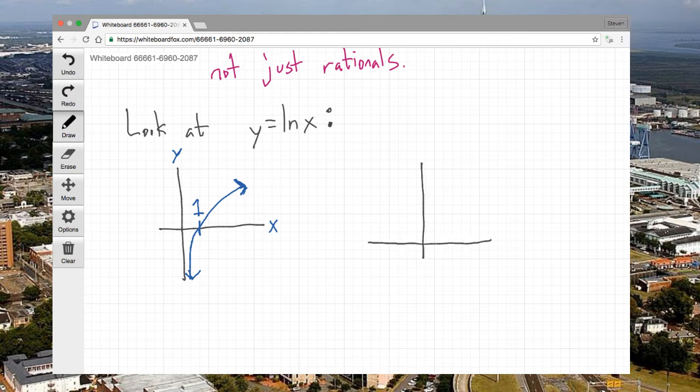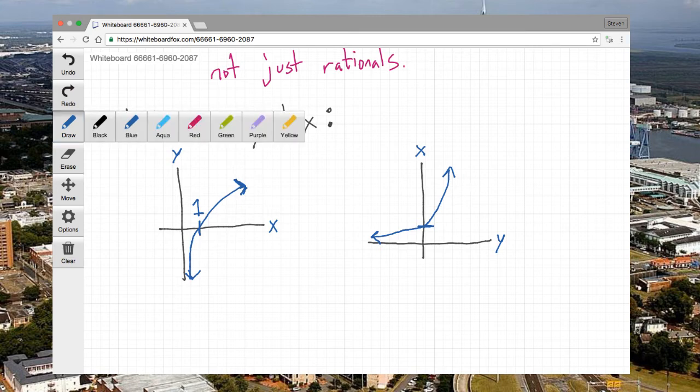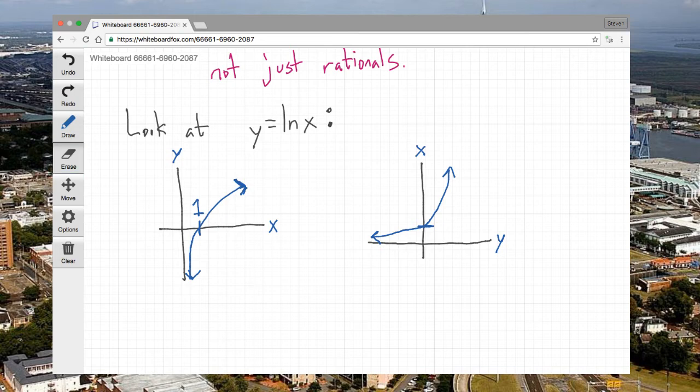So what I'm doing basically is swapping my x and my y. And what would that look like? Well, instead of the 1 being on the horizontal axis, now it's on the vertical axis. And we're going to go up like so, and go down like that. And this is the graph. So let me maybe move this around a little bit. This is the graph on the left of y equals natural log x.